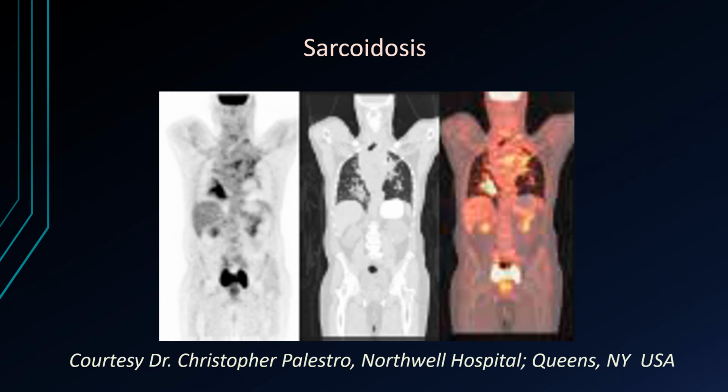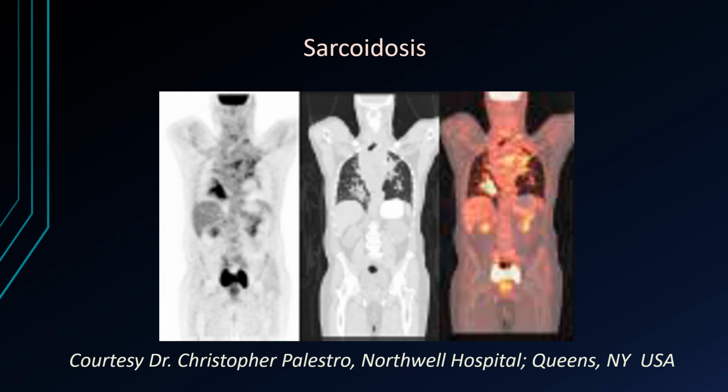Moving on to other entities such as sarcoidosis. Sarcoidosis is an inflammatory disorder which, when active, is quite exquisitely sensitive for FDG PET, and we can look at pulmonic disease and extrapulmonic disease and extensive disease, and we can use it for therapy monitoring.